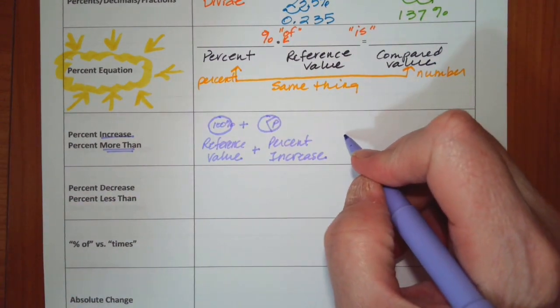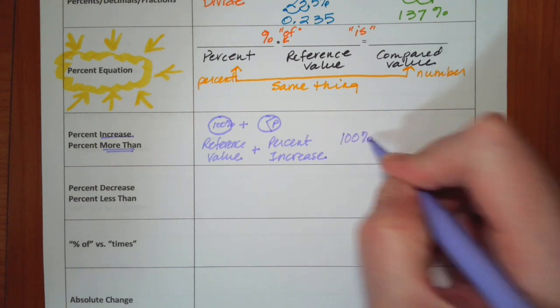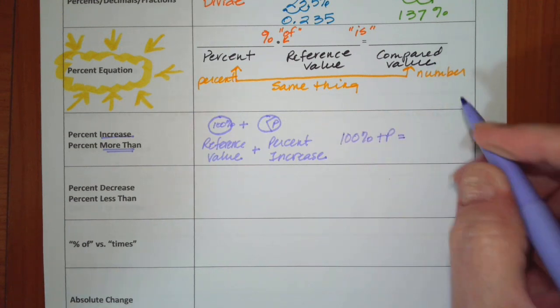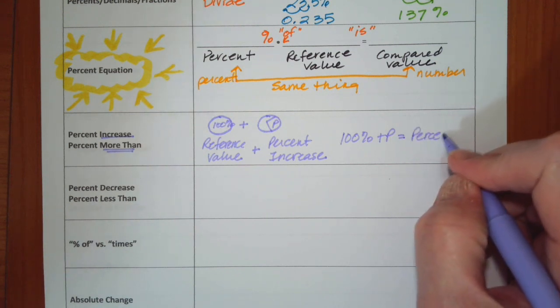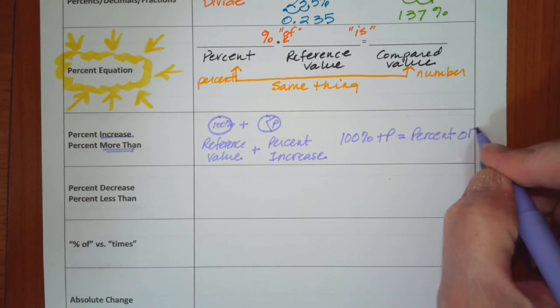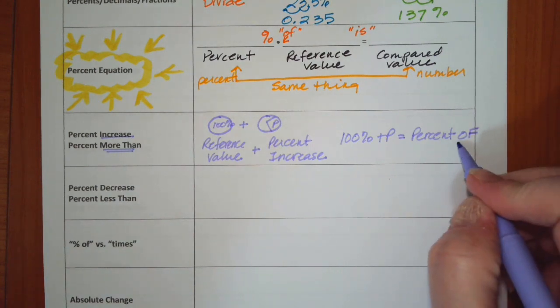So another way of saying this is 100% plus P is equal to your percent of, and we'll talk about of and times.